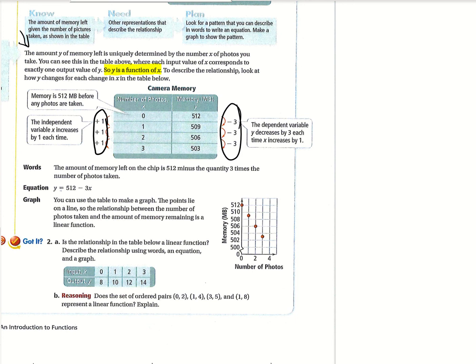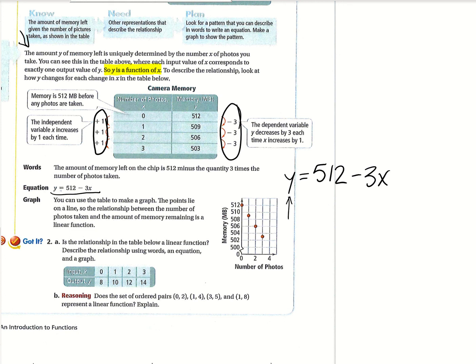So they put an equation here to represent that. We have y equals 512 minus 3x. Okay. So where this comes from is y is always the dependent variable. Okay, so we are trying to figure out what it equals.